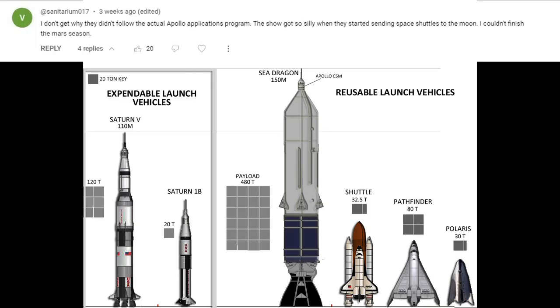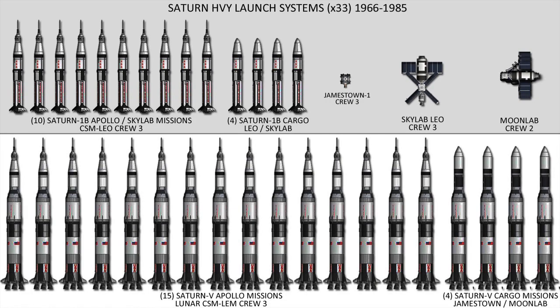So this next comment, this person says, I don't get why they didn't follow the actual Apollo Applications Program. The show got so silly when they started sending space shuttles to the moon, I couldn't finish the Mars season. Well, in the For All Mankind timeline, the Apollo program continued into the late 1980s and possibly even the early 90s.